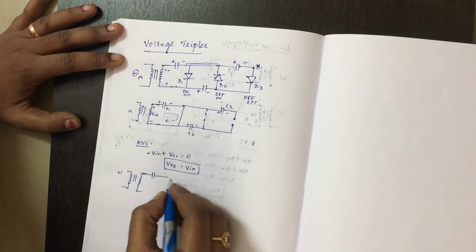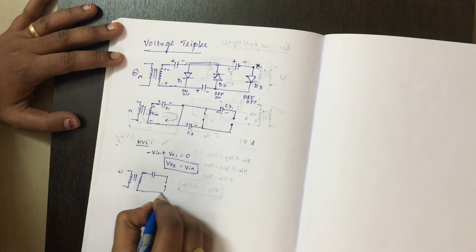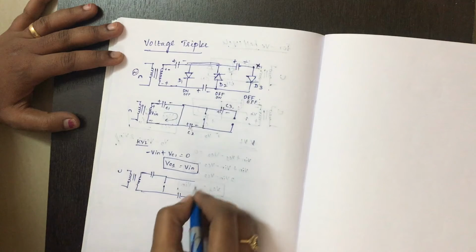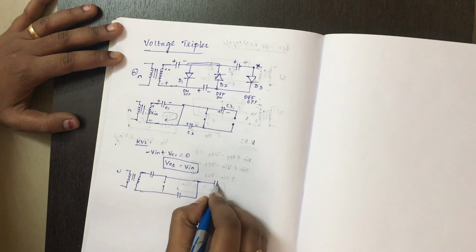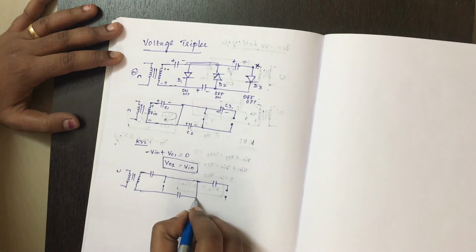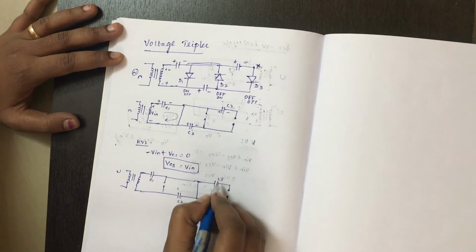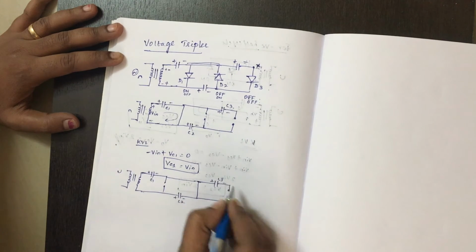So when this is off, it will act as an open switch. Capacitor, this is turning on, so it will act as a closed switch, and this is turning off, so this will also act as an open switch. Capacitor C1, capacitor C2, capacitor C3, positive, negative, positive, negative, positive, negative.